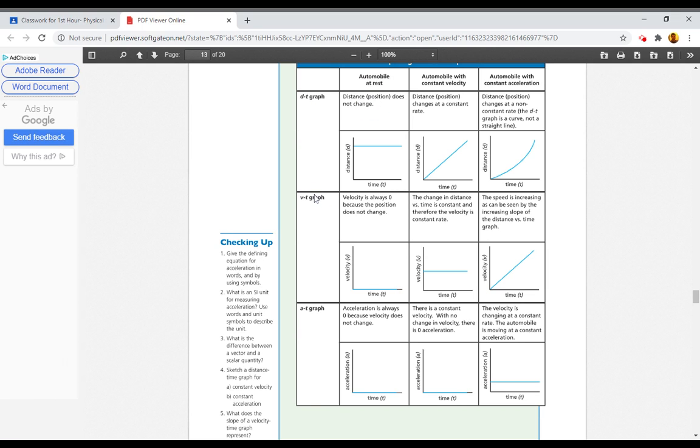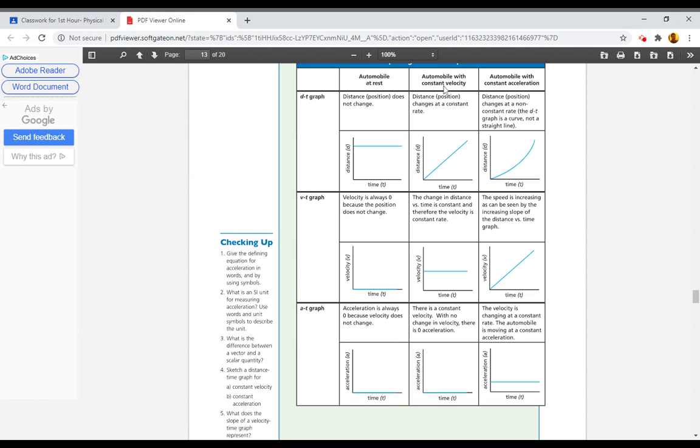For the velocity time graph for an automobile at rest, the velocity is always 0 because the position does not change. For the acceleration graph for an automobile at rest, the acceleration is always 0 because the velocity did not change.